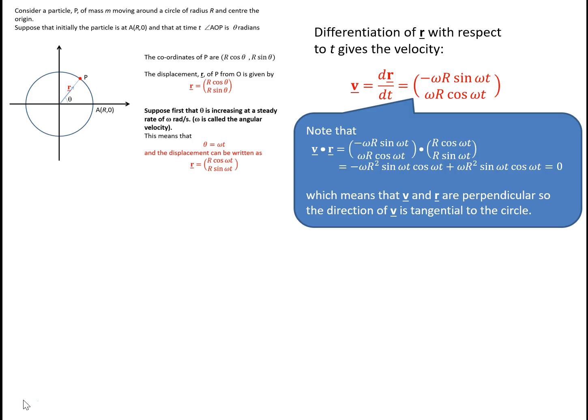And we know that if two vectors have a 0 scalar product, then the vectors are perpendicular to each other, which means that the velocity is perpendicular to the radius. In other words, the velocity is in the direction of the tangent to the circle.